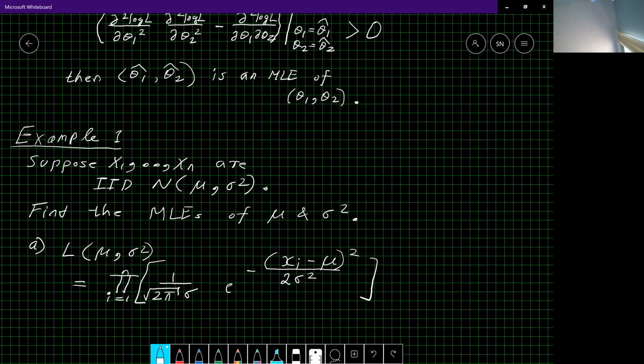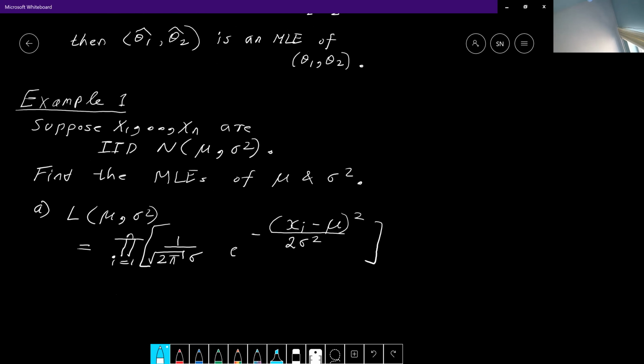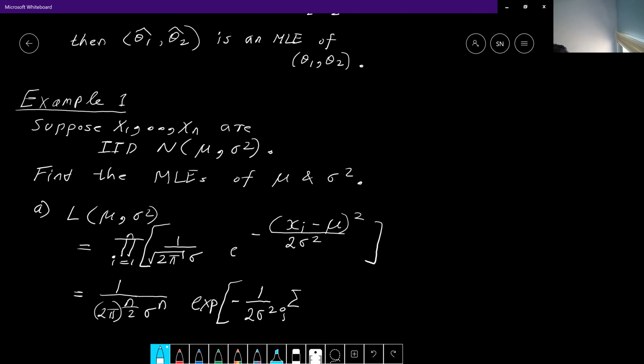Now we need to simplify this, which is not hard. Okay. So this is the simplified form of the likelihood.